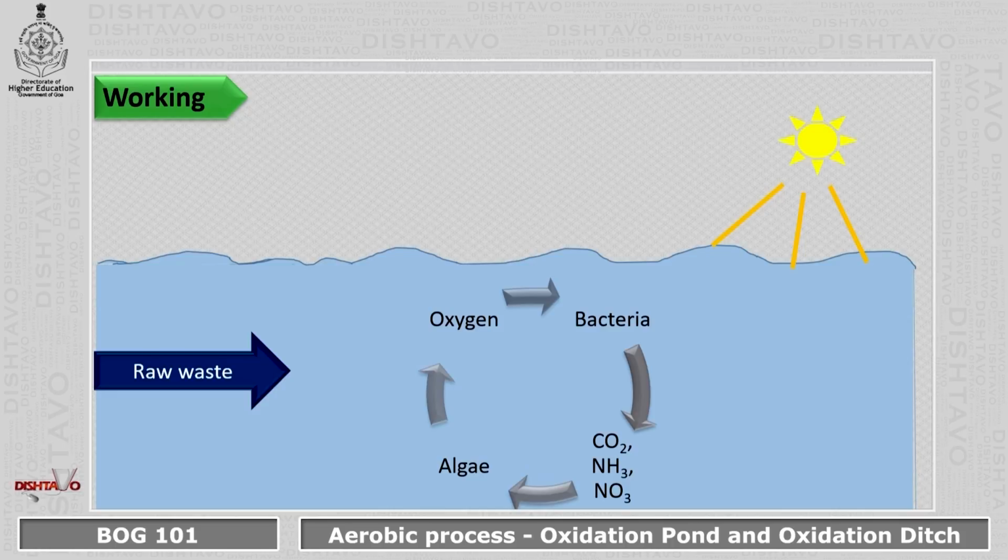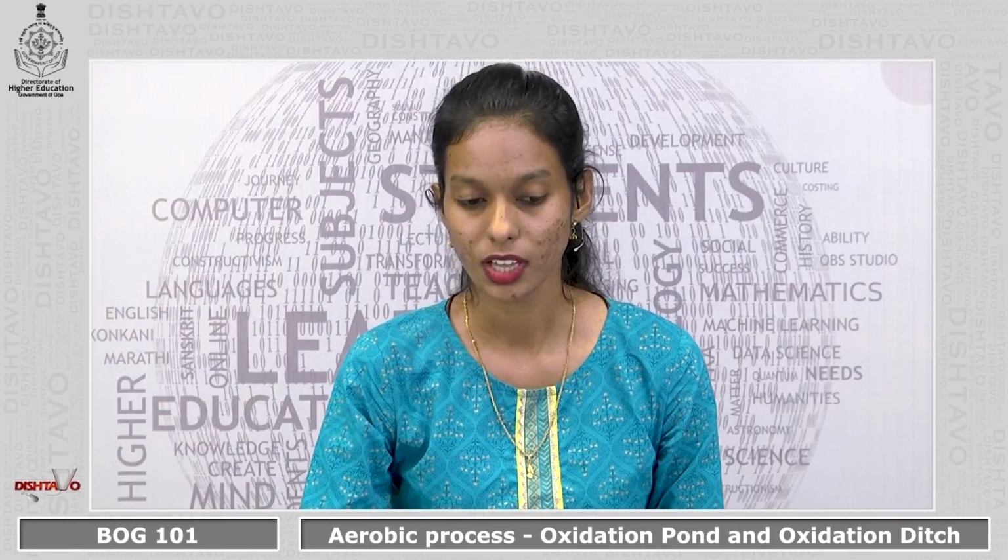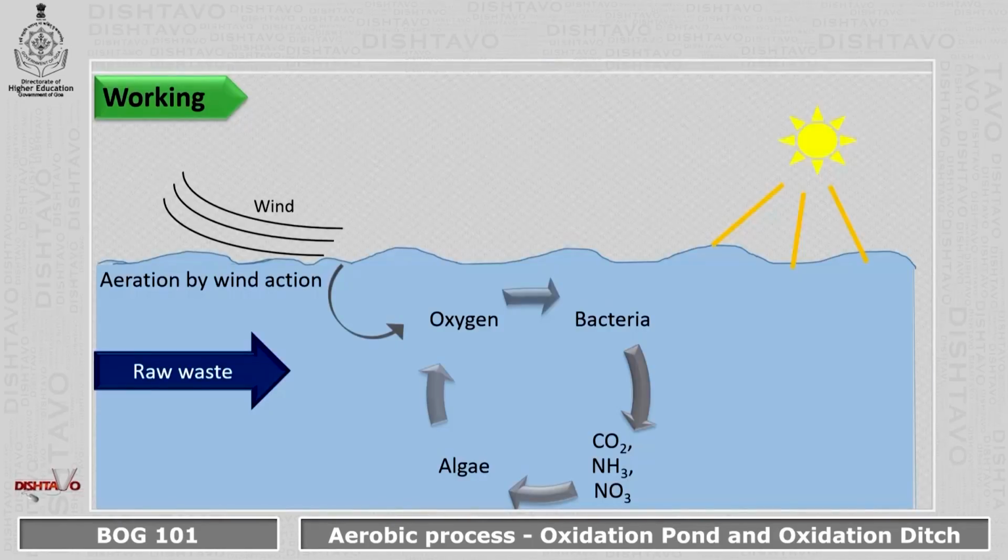Also, they will photosynthesize and release oxygen in the process. This oxygen is in turn used by the bacteria to break down more organic waste material from the wastewater. The aeration in this process is also done by the wind action. After sufficient retention time, the effluent is let out for further treatment.